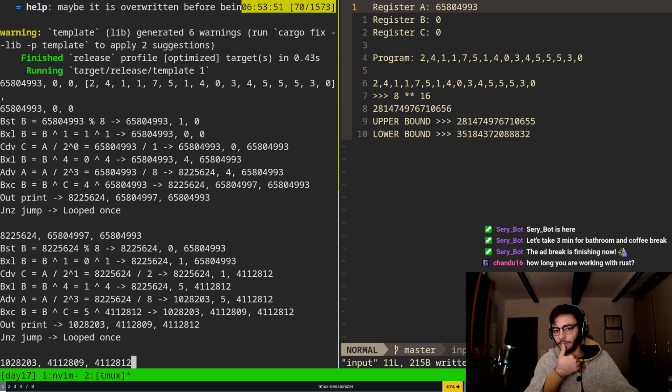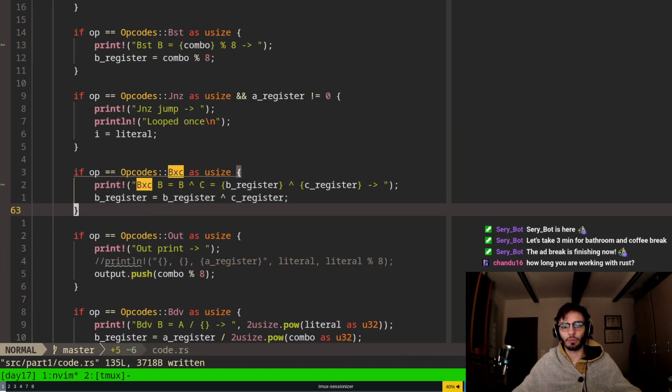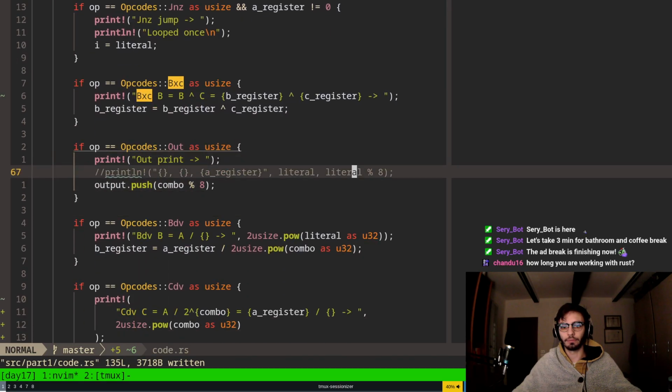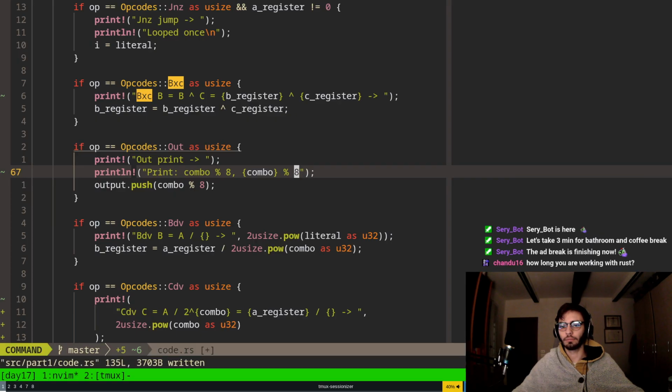Okay, so that's the jump. Fine, this is a loop. Okay, the out print should print what I'm supposed to be printing. It should be like print combo mod 8.